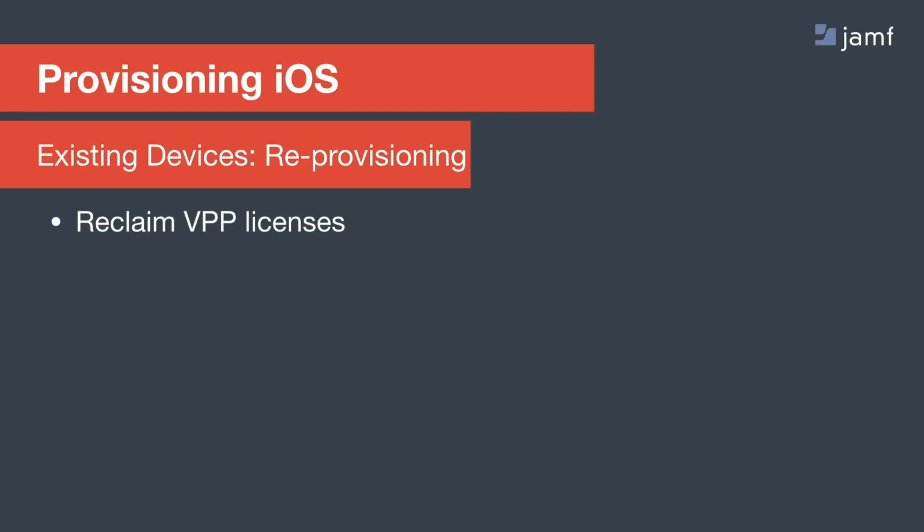If we're planning to redistribute devices to different users than were originally assigned to, we can reclaim any kind of VPP licenses associated to that device, either within that mobile device app setting and unscoping whatever devices there are, or if you need to do it globally, it can be done within the VPP token and revoking all content. It's important to note that this only applies to apps. Ebooks cannot be redistributed, so there isn't a need to reclaim or revoke or anything like that.